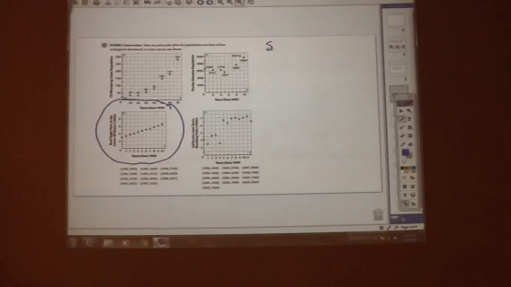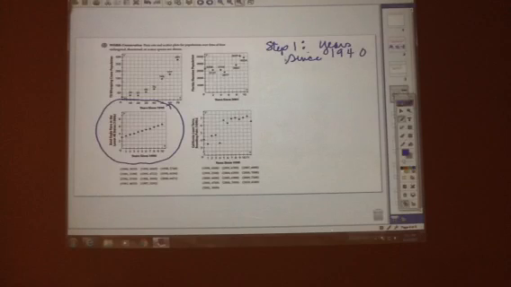Step 1 says to pick a picture, choose a set of data, then explain why we chose that data. So why did you choose that one right there? Because it looks like a straight line. So step 1, we chose years since 1990.